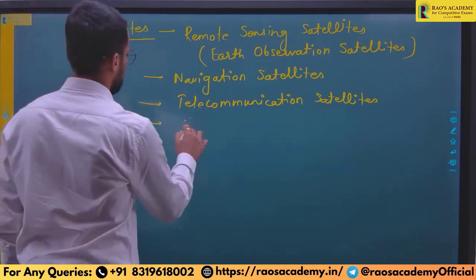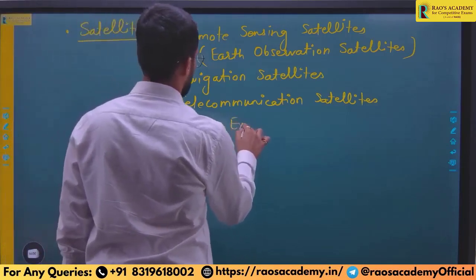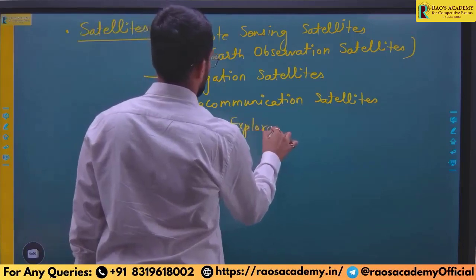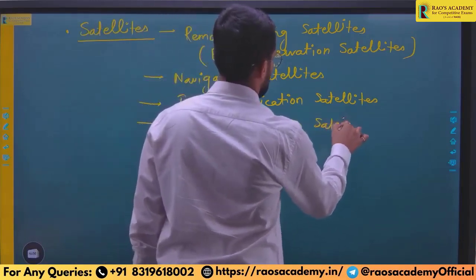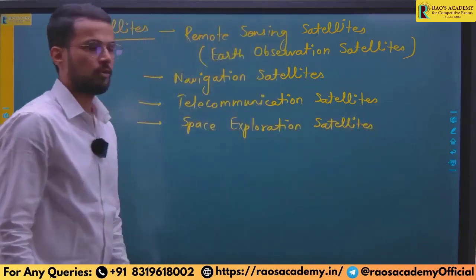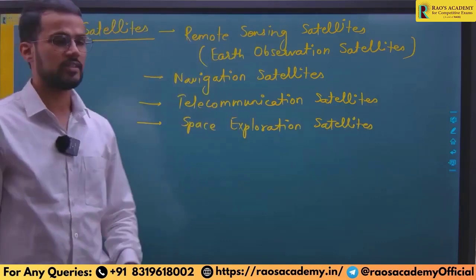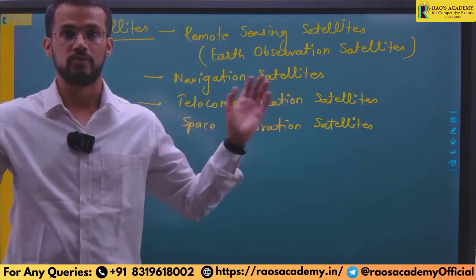And then the last and most important type of satellites is space exploration satellites. What are space exploration satellites? Space exploration satellites are those that provide us information about the universe.